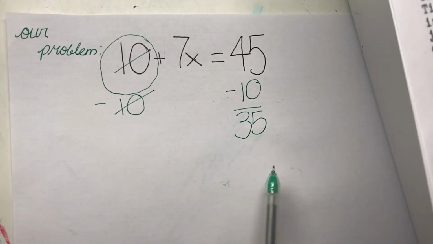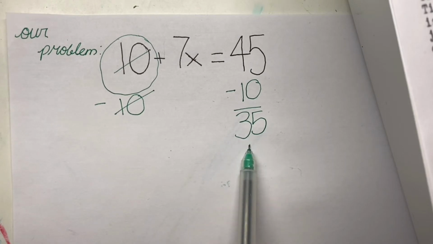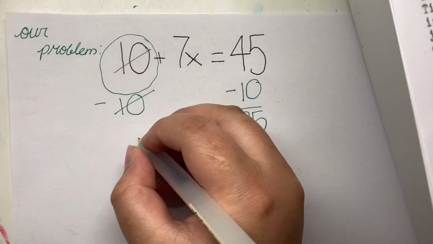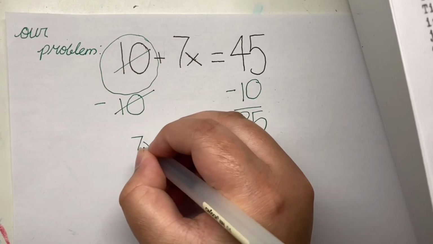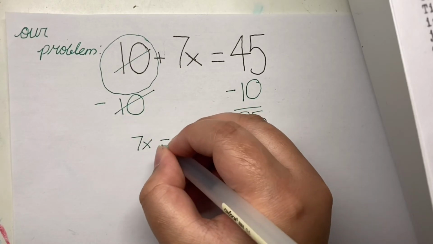Now that we've taken away 10 from 45, we're left with 35. So, as of now, 7x is equal to 35.